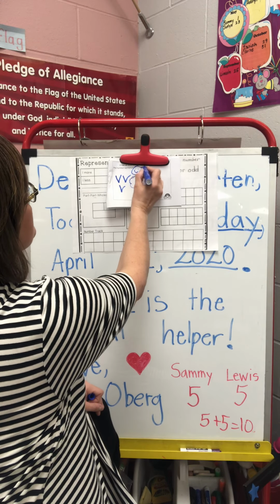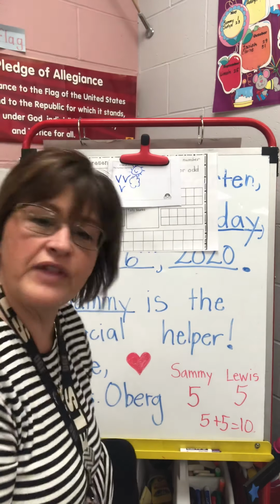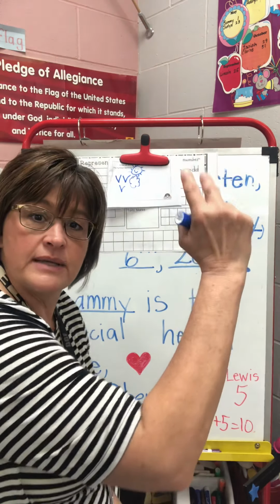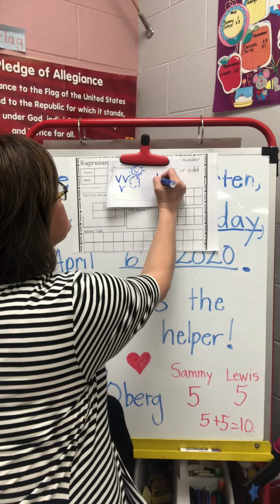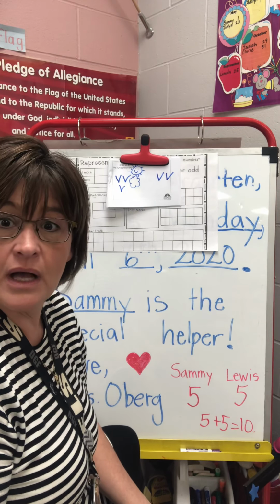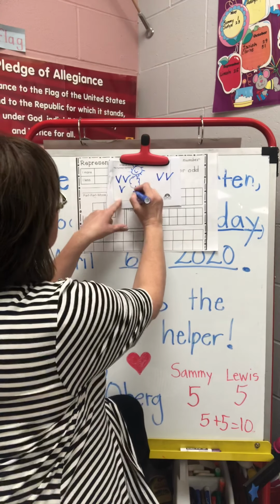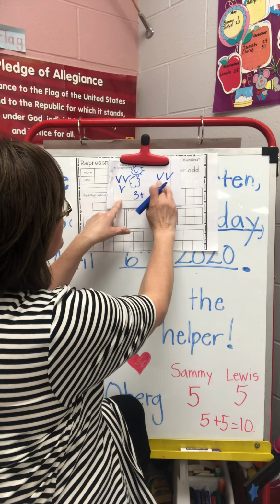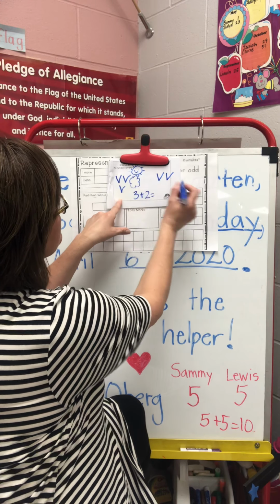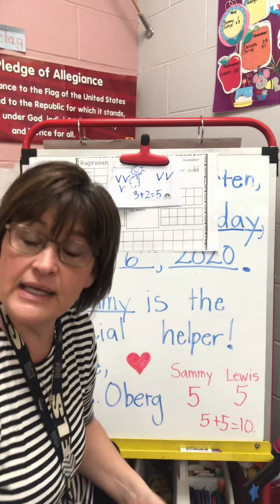Of course, you have lots of different colors you can use. 3 birds were flying in the sky. 2 more birds came flying in. How many birds are there in all? 1, 2, 3 birds plus 2 birds equals 3, 4, 5. 5 birds in all.